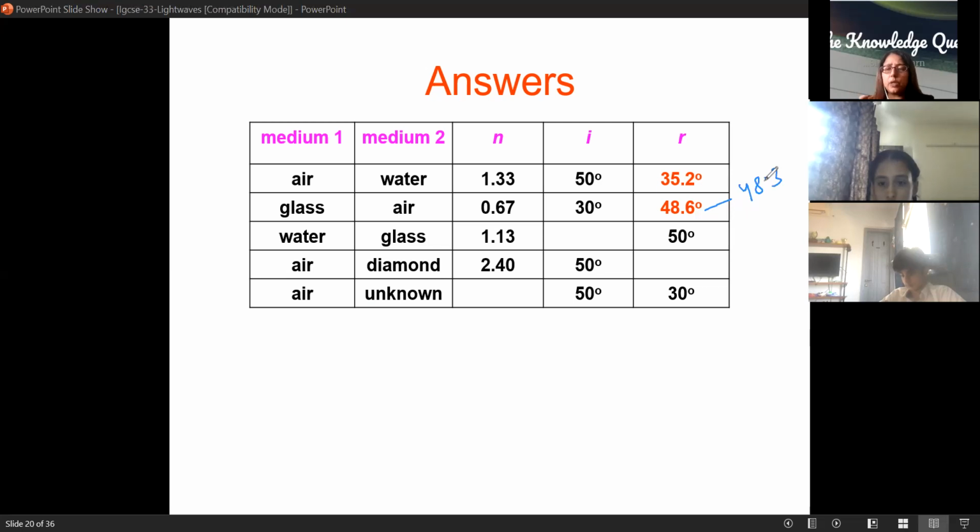But what I meant was, do not use 3 significant figures in between calculations, otherwise your answer will be wrong. You have to take the entire value or at least 4 to 5 decimal places, because you're anyway doing it on a calculator.